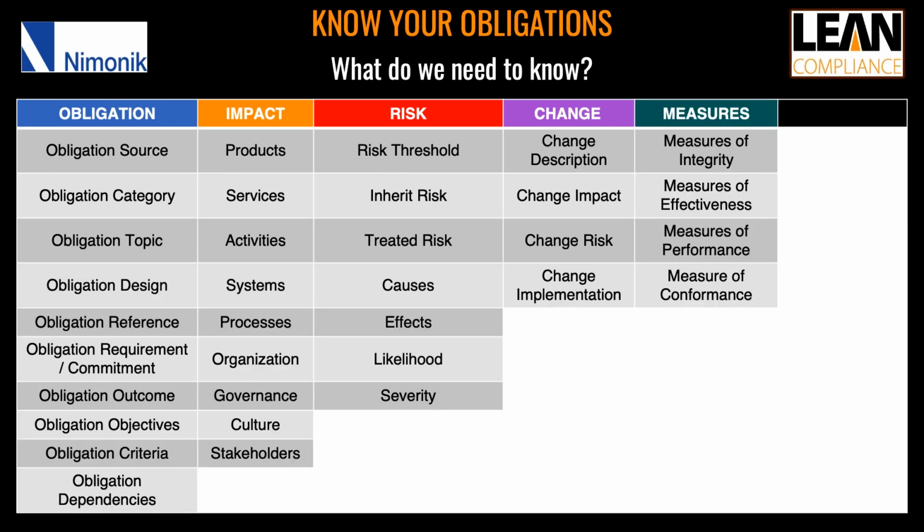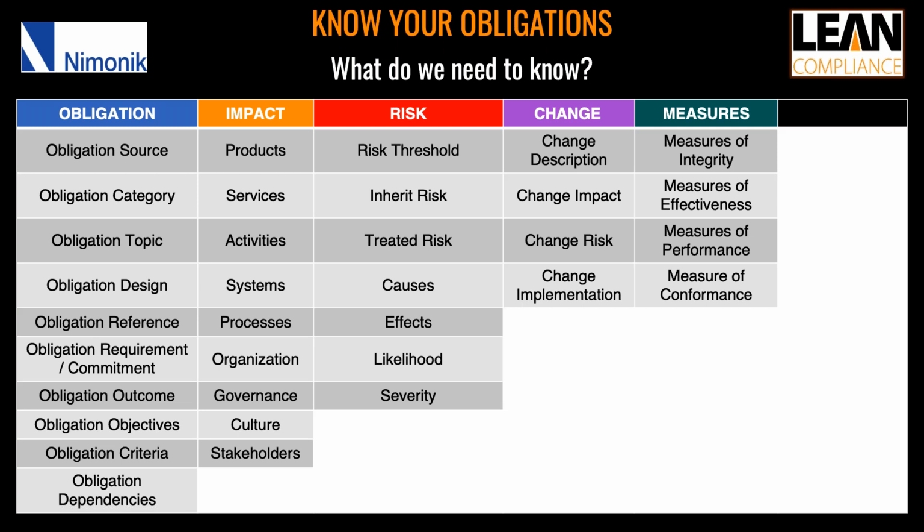We need to understand how well we're doing. So we need some kind of measures. We have to monitor something. We need to know some measures of conformance. Yes, those are the basic ones. We need to know measures of performance, right? We need to know those too. And we need to know measures of effectiveness. Like, are we just doing the work, but we're not getting the benefits?